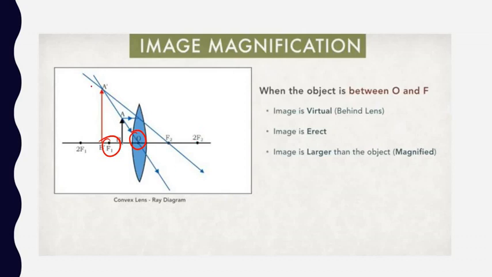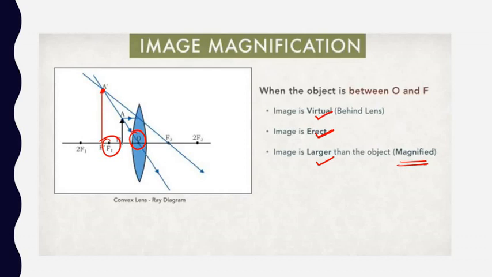So when you extrapolate this light, here you will get your image, which is virtual, erect and larger than the object, which is our main role, where we want the magnified image.